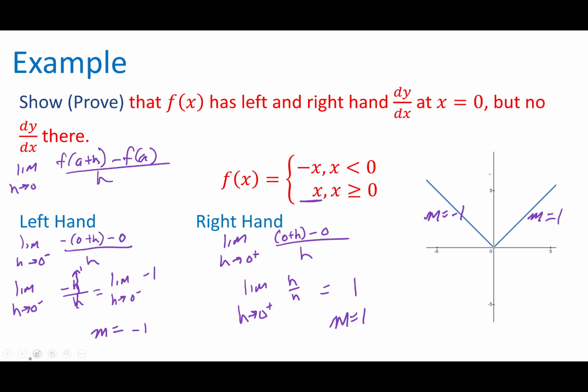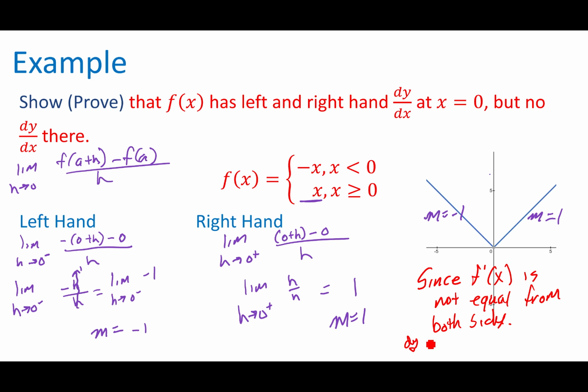Okay, and then my proof, I could say, since the derivatives are not equal, so since f prime of x is not equal from both sides, x cannot be 0 or does not exist there.